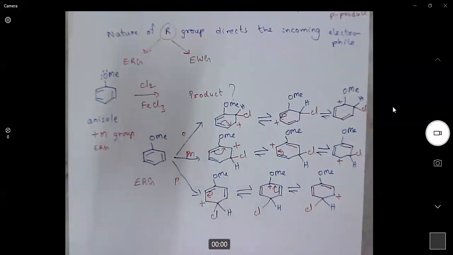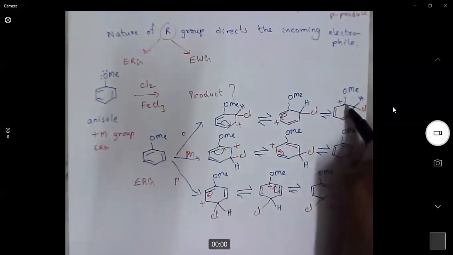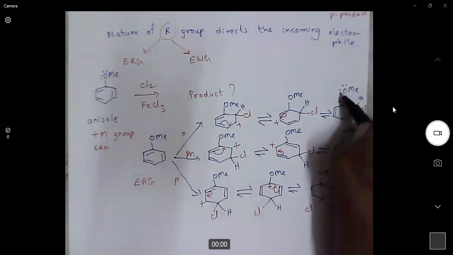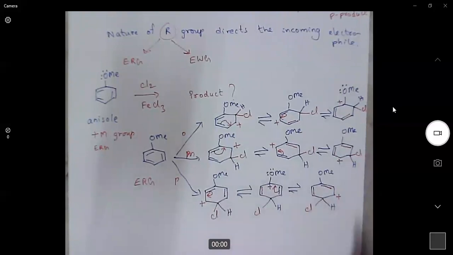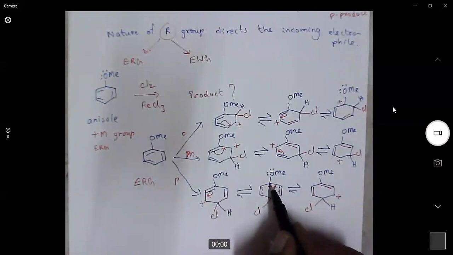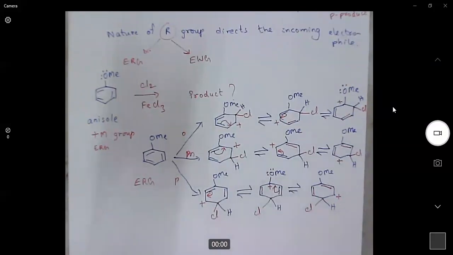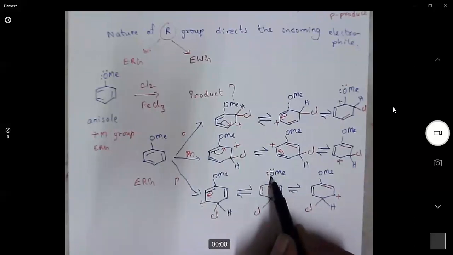Look at these intermediates where the positive charge is on the carbon which has the methoxy substituent. In the ortho product and in the para product, we have a carbocation on the same carbon where the methoxy substituent is also there. What is oxygen? Oxygen is a plus M group.